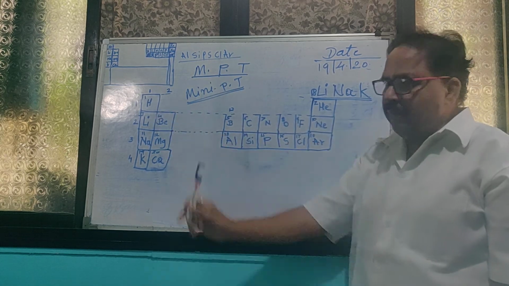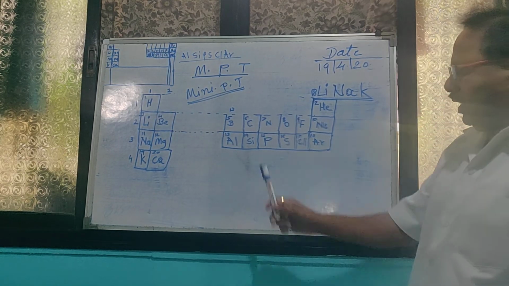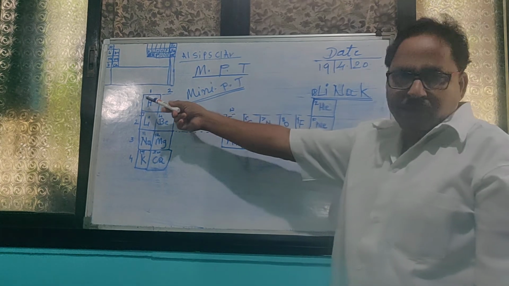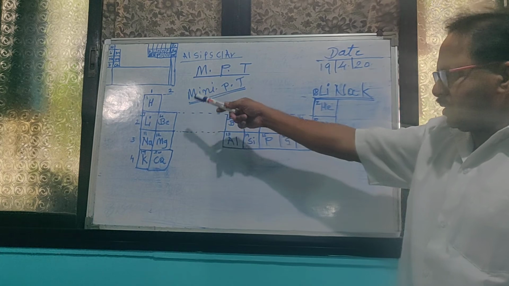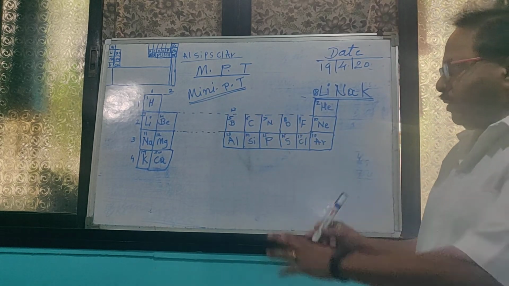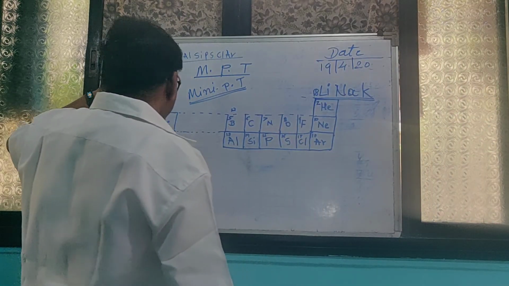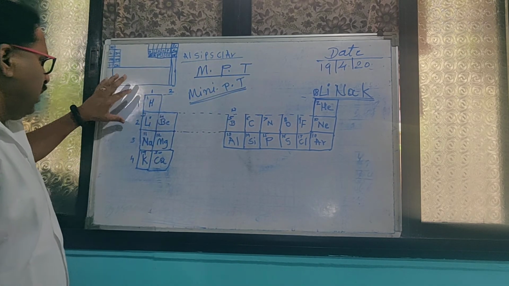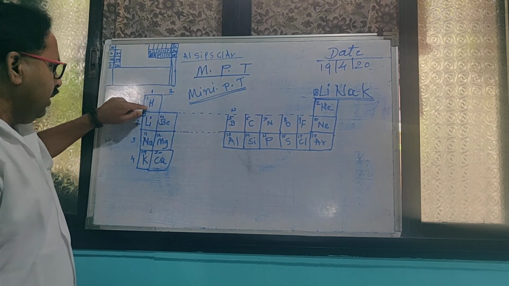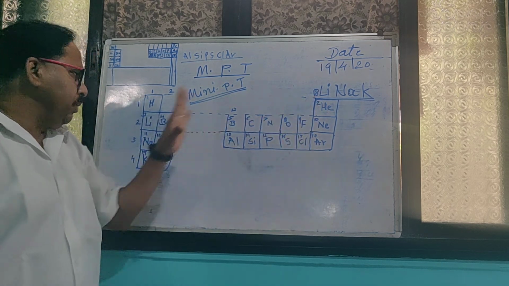You must remember the first 20 elements with their atomic numbers. In the modern periodic table, Moseley arranged the elements in increasing order of their atomic number.